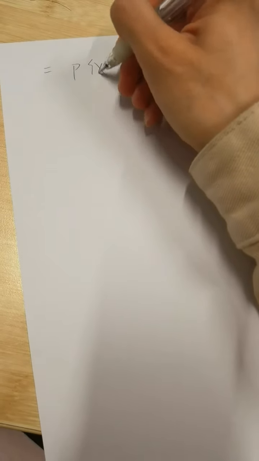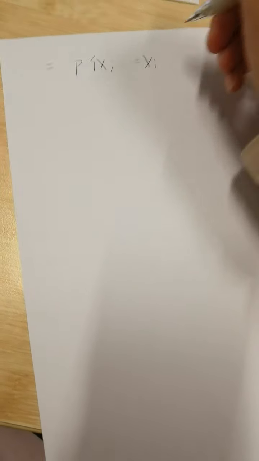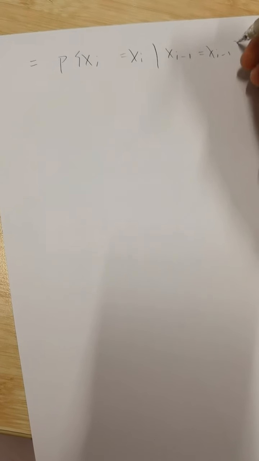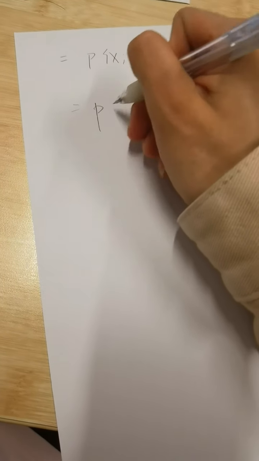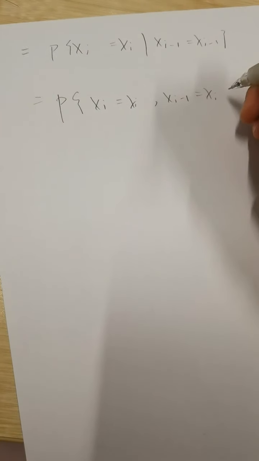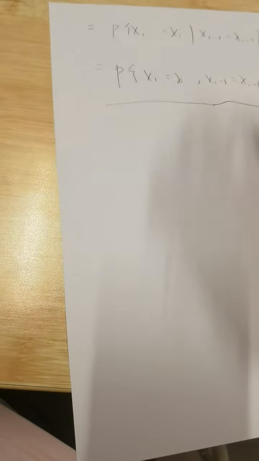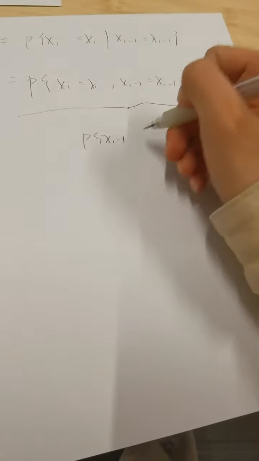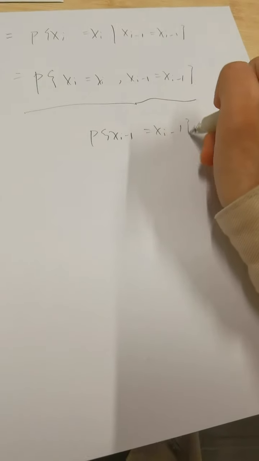After that, we can write the probability of Xi equals xi given X(i-1) equals x(i-1). So this part is equal to the probability of Xi equals xi and X(i-1) equals x(i-1), divided by the probability of X(i-1) equals x(i-1).